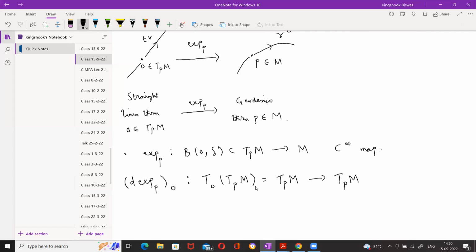Now, what will a vector V go to under this derivative of the exponential map?